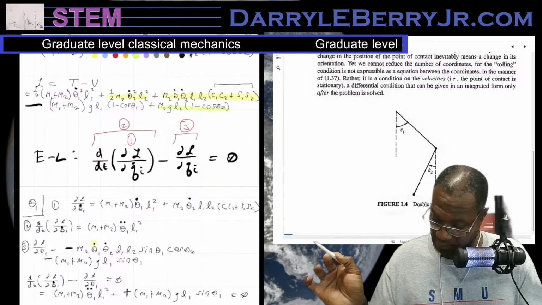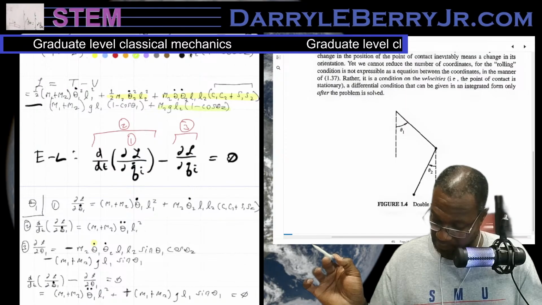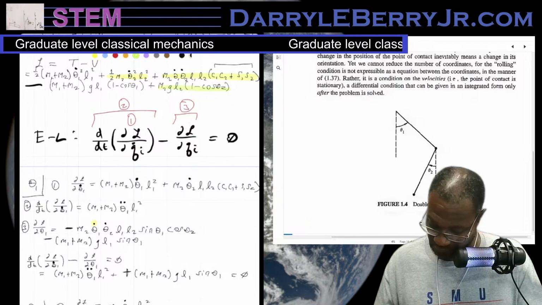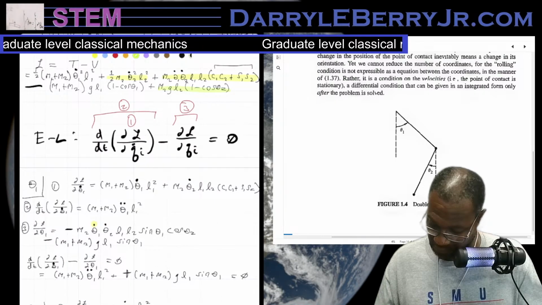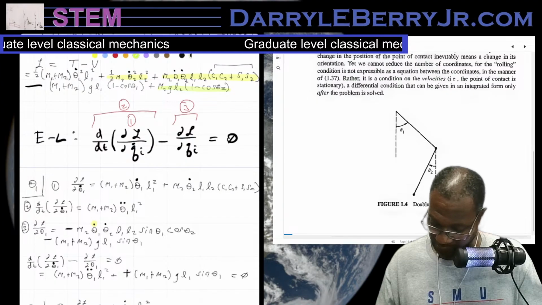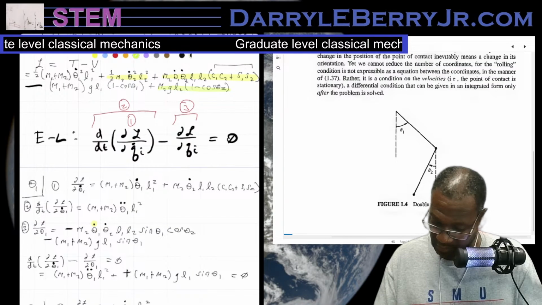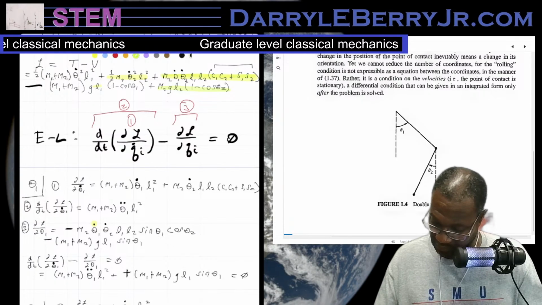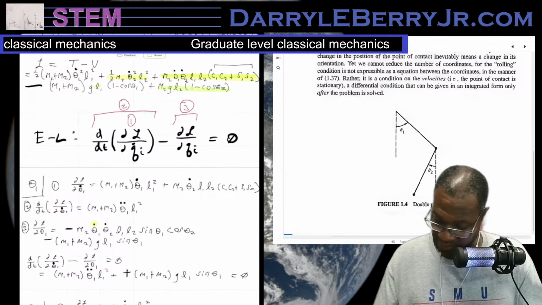Oh, I see what I missed. I see something else I missed. So for the theta 1 for the third part right here, I took the cosine here of theta 1, but I didn't take the sine of theta 1. So I'll add that really fast.